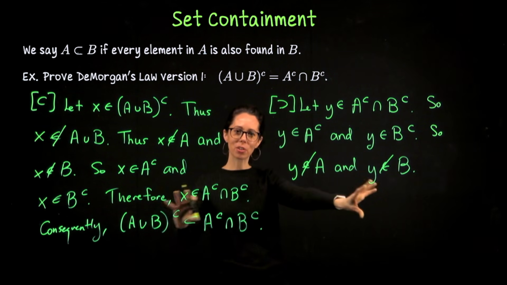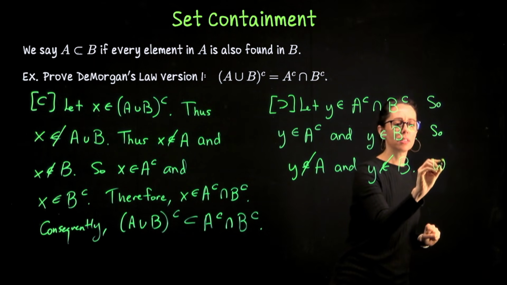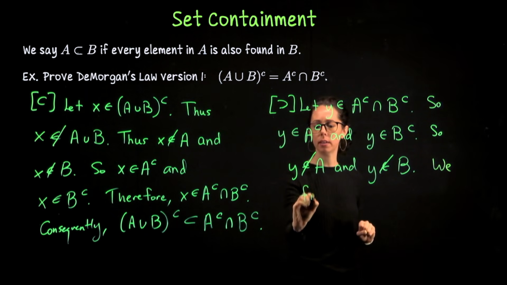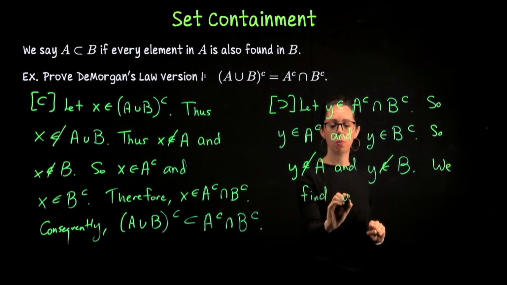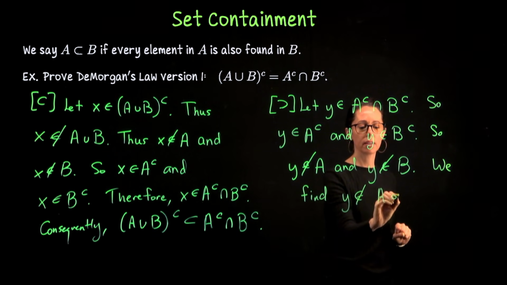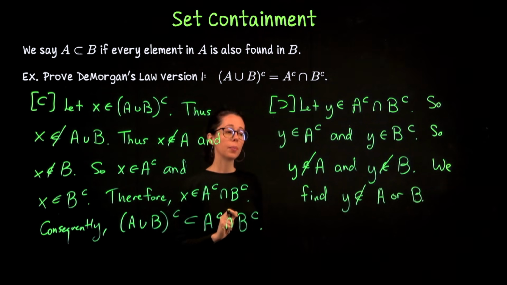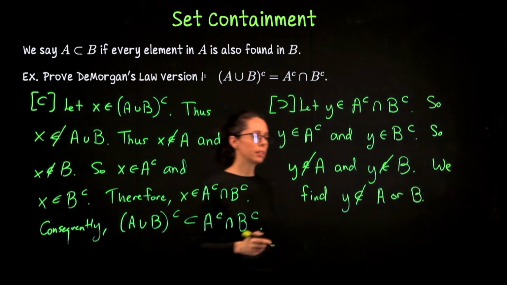Okay, so that logical thing I wrote down, we're going right to left this time. We find, I'm trying to mix up my language a little bit, that y is not in A or B. How about I write that? But that means that y is not in their union.